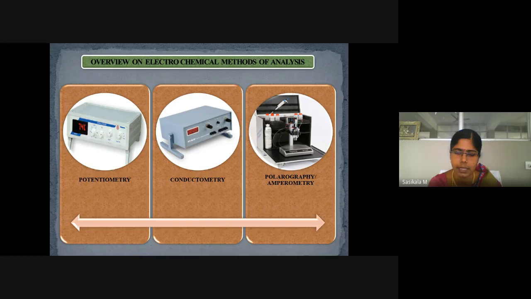The diffusion current from the sample is analyzed by amperometry. Both are the same, only with different acronyms. So nearly four techniques, including amperometry, you are going to learn under electrochemical methods: potentiometry, conductometry, polarography and amperometry.